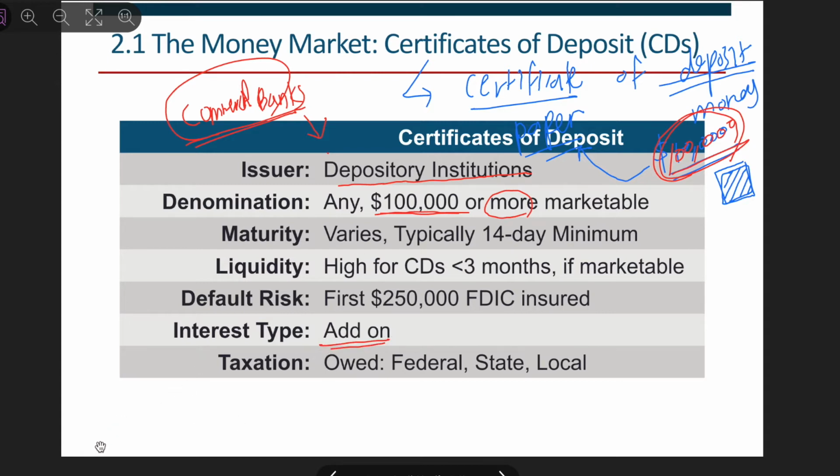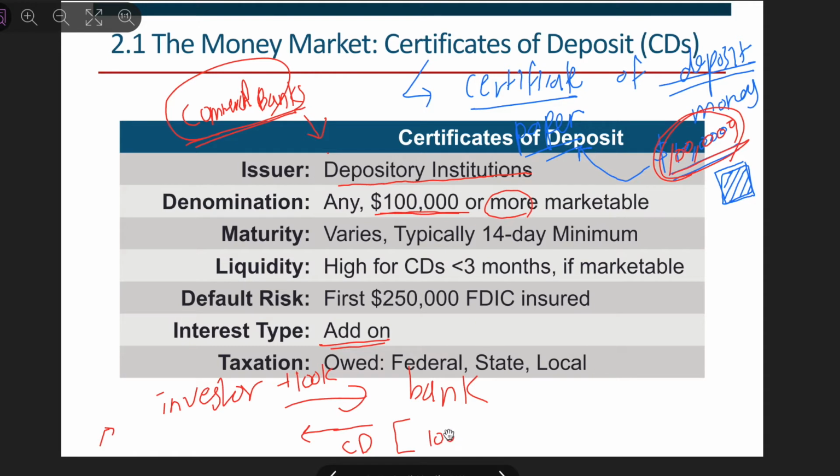So if you put in, as an investor, and we have the bank, if you put more than 100K into the bank, there is your CD. Your deposit is cleared, and we can issue a CD for you.